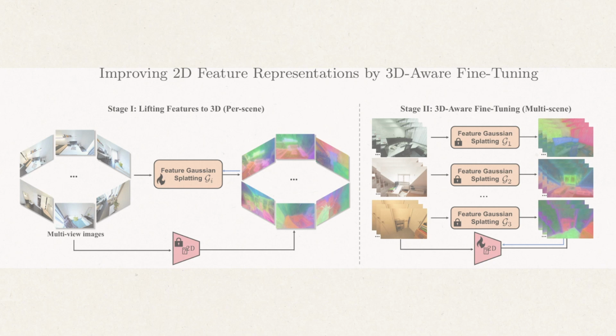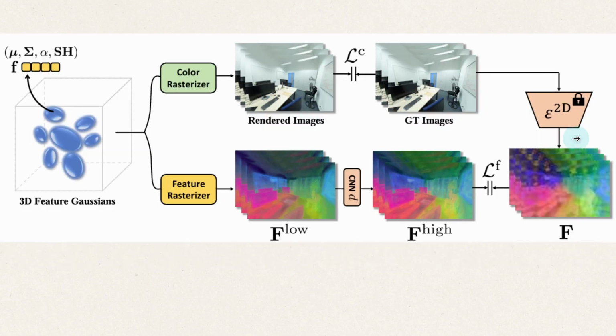Here's an idea. Now that we can render 3D aware feature maps from the Gaussians, why not use them as supervision? So for every training image, we render the corresponding feature maps using the 3D Gaussians, as you can see here, and then compare them to what the 2D model, that is the DINOv2 model, produces.